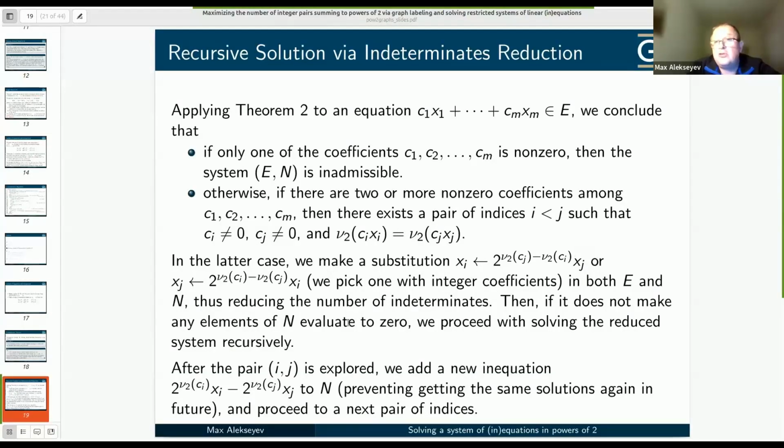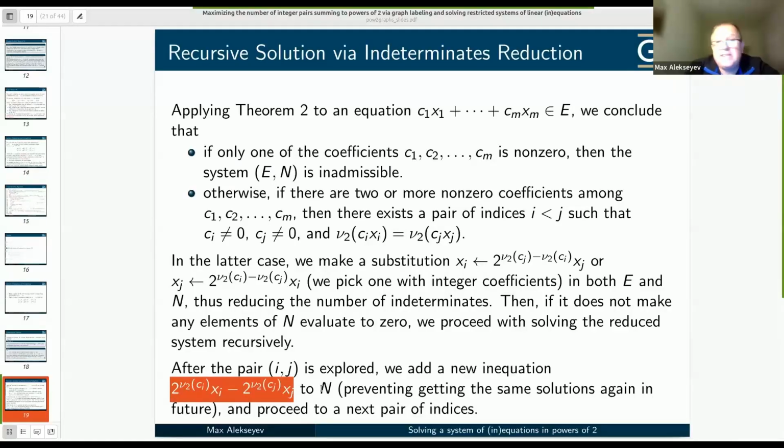And if it turns out that no element of N is nullified by such a substitution, then we reduce our system to a smaller system with a smaller number of variables. So if we originally had m variables, then after substitution we will have m minus 1 variables, and therefore we can proceed solving the system recursively. And furthermore, we will also add this polynomial to N. Why do we add it to N?